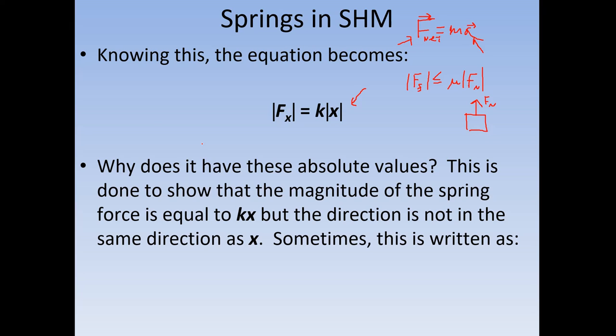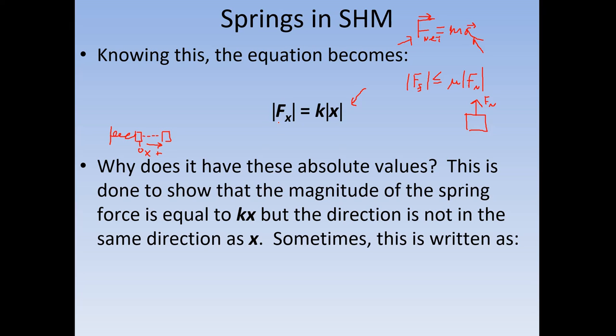If you pull an object to the right, so if you have a block that would normally be here and you move it to the right, its position is going to be a positive value. Consider this to be 0, the origin. We move it to the right, its position is in the positive direction.